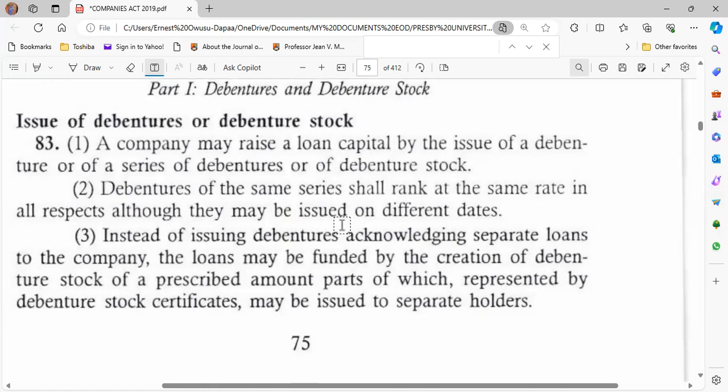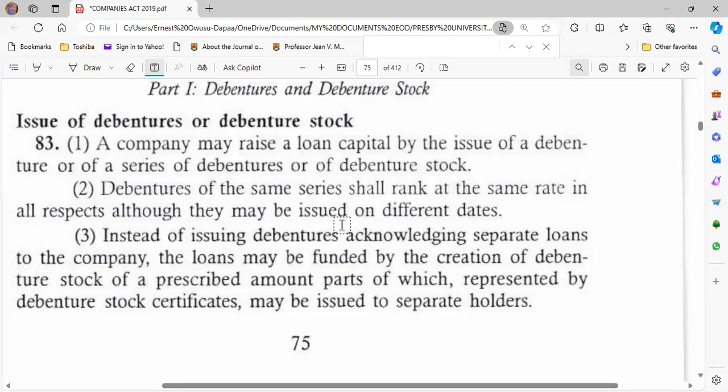Section 83.3: instead of issuing debentures acknowledging separate loans to the company, the loans may be funded by the creation of debenture stock of a prescribed amount, parts of which represented by debenture stock certificates may be issued to separate holders. So 83.3 is explaining what we mean by the debenture stock that we'll be talking about. As we indicated, you need 100 million, but you may never get one person or one entity to come and take it.